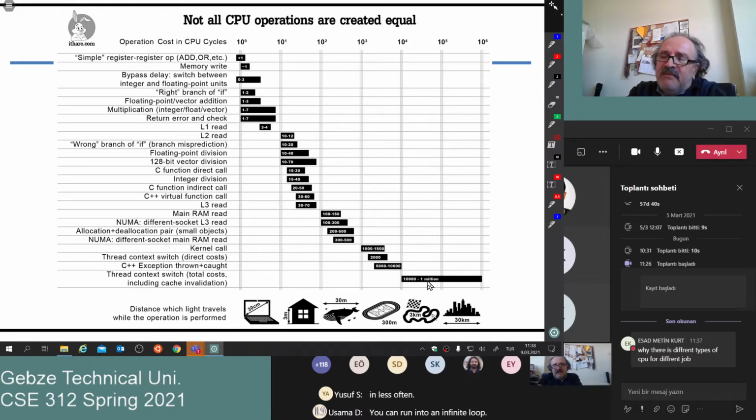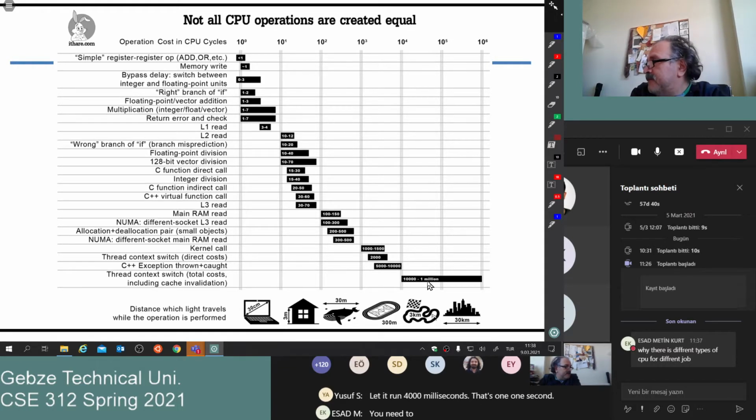Well, I am not saying that let it run infinitely. I will say let it run for a second and context switch, for a second and context switch. Instead of switching every 50 milliseconds, let it run for 1000 milliseconds. That's one second. You need to run the operating system for all time.